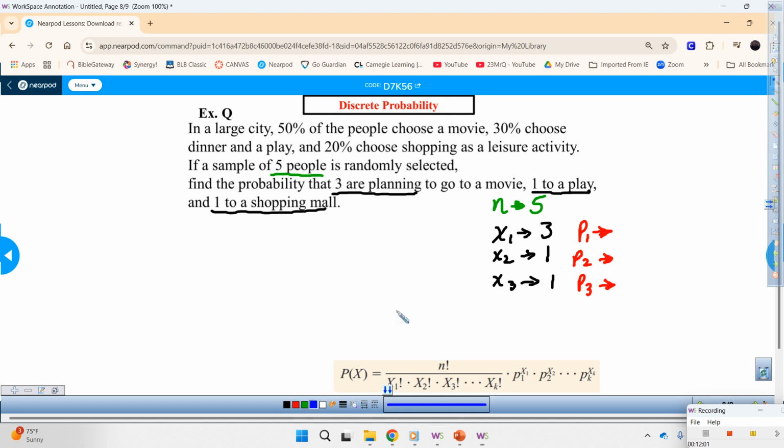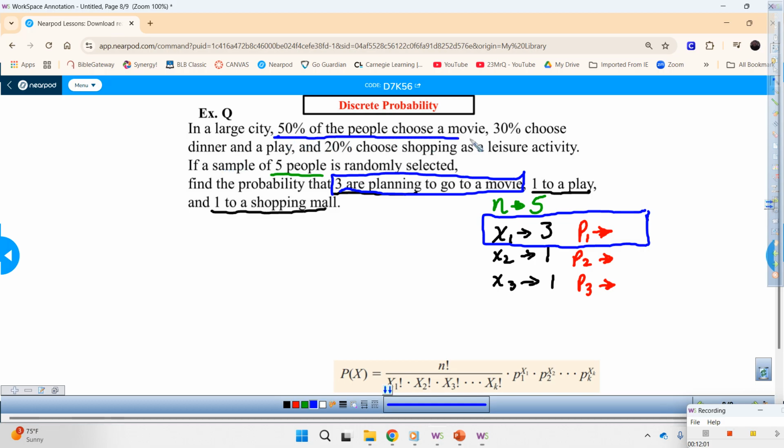All right, so let's find out what p sub 1 is. So I'm going to box p sub 1 with x sub 1 so I can match it on the problem. Here it goes. P sub 1 is what? 3 are planning to go where? To a movie. And according to the problem, what is the percentage of people going to a movie? 50. That is correct. So we write 0.50. All right, let's go to x sub 2.